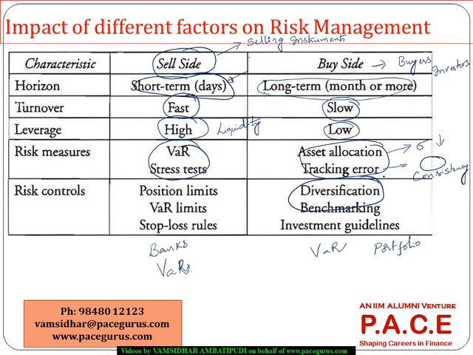These are some of the things which a mutual fund manager, or the investor, or someone acting on behalf of the investor, would be looking out for as risk measures. So that is where we have to differentiate between the usage of the risk measures, like value at risk or portfolio, from whose dimension we are trying to evaluate this.